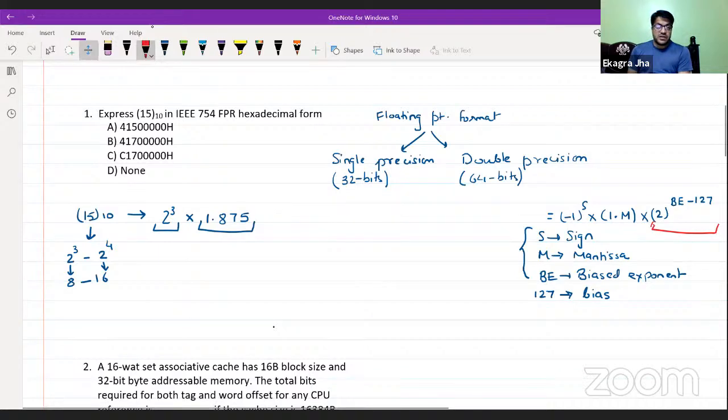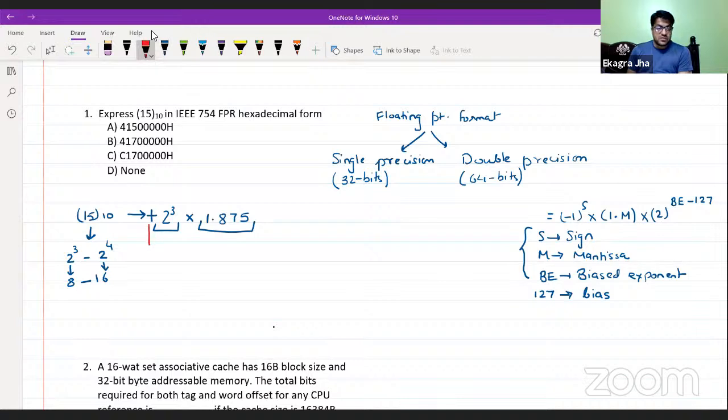So all you need is to break this value into two things. One, the 2 to the power, and the other, the remaining fractional part after dividing the value. Okay, so 15 can be written as 2 to the power 3, which is 8, into 1.875. Out of which, this 15 is basically a positive value.